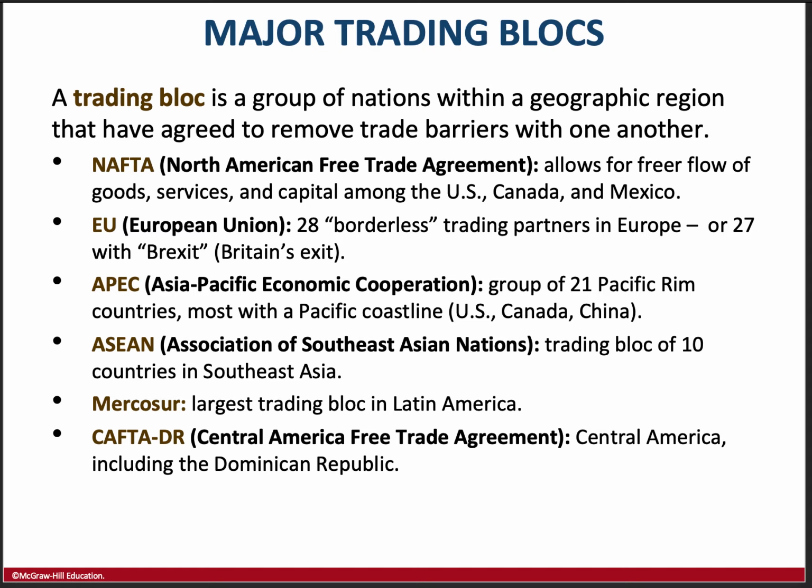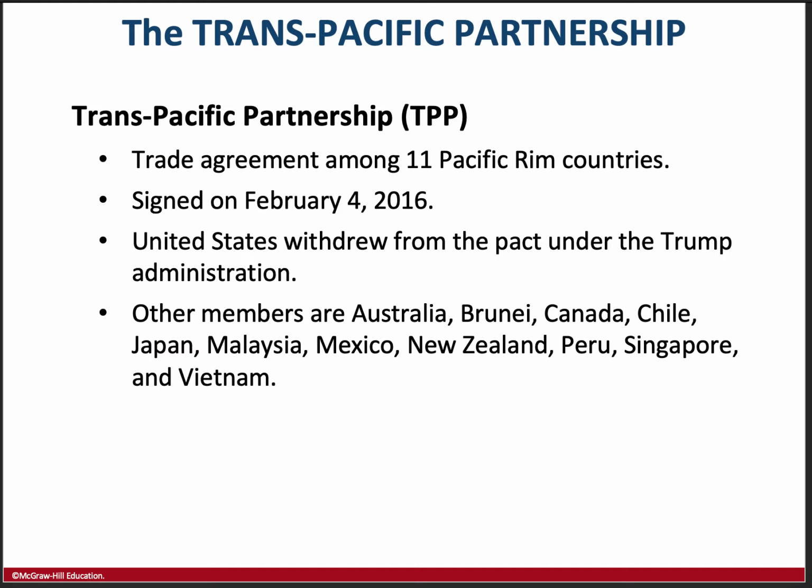Now, of course, intermixing of these, there are the various barriers that we've talked about earlier. When we look at TPP, you may have heard about TPP, the Trans-Pacific Partnership that was signed February 4th, 2016. That was an agreement amongst the 11 Pacific Rim countries. We withdrew from that pact under Trump's administration.